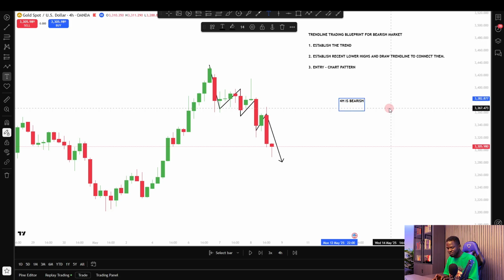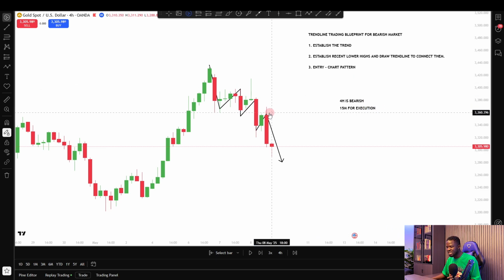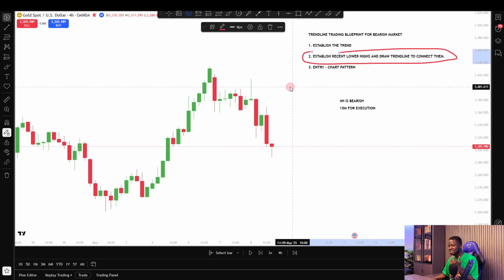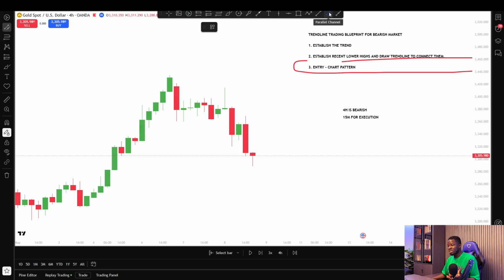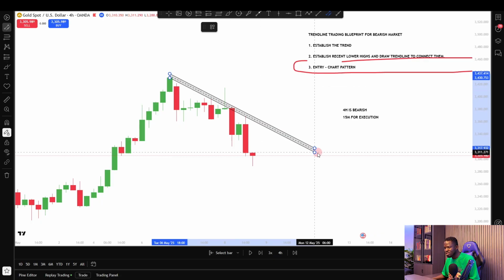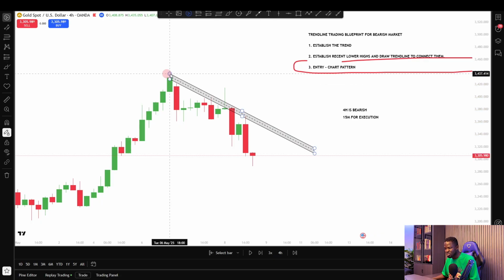4 hours is bearish. So we're going to use the 15-minute time frame for execution by using our chart pattern. The next step is to establish recent lower highs and use our trend line to connect them. There are different ways to establish your trend line, but I love to use a parallel channel because it helps me to connect the trend line very well so that I have multiple touches right now.